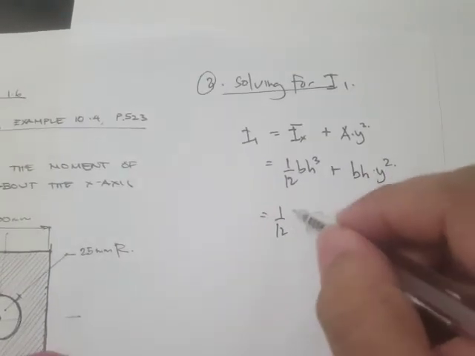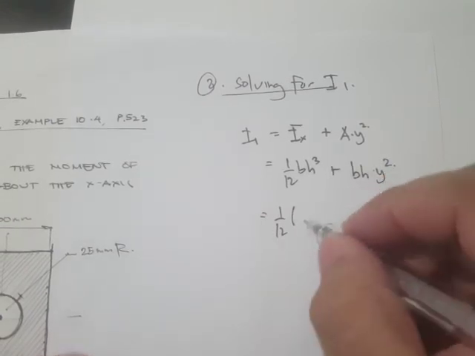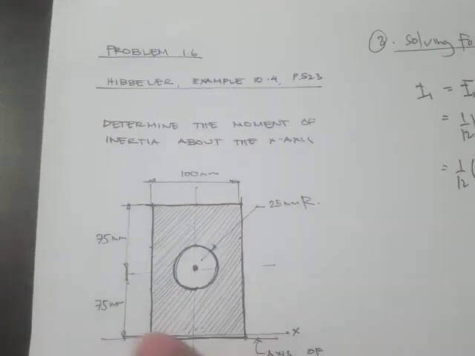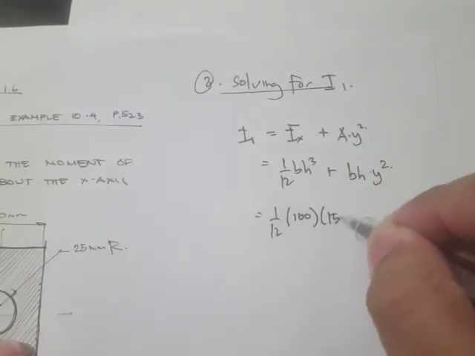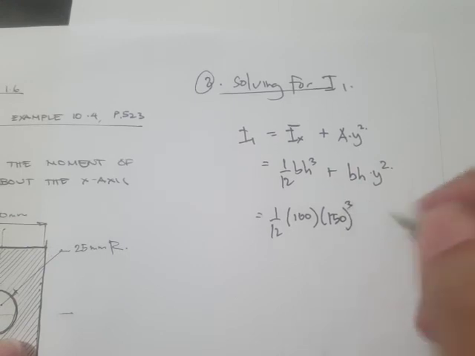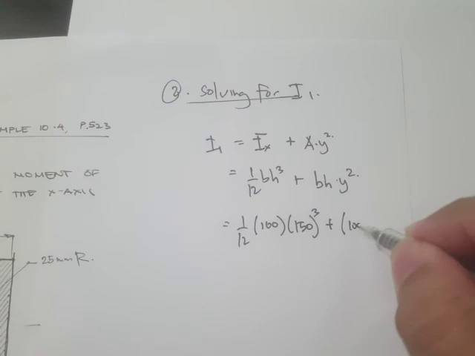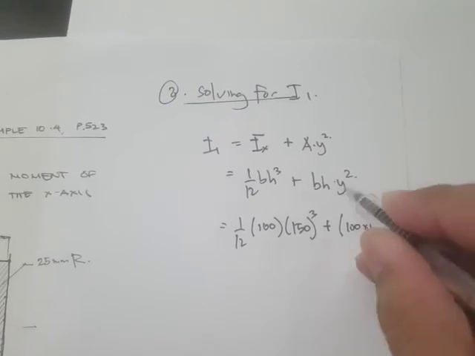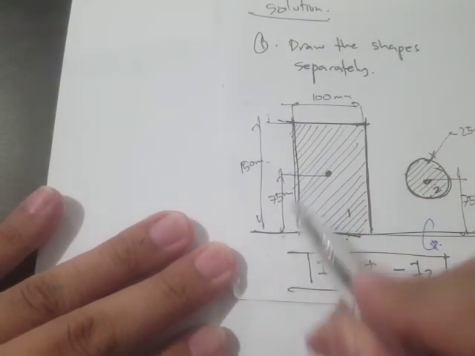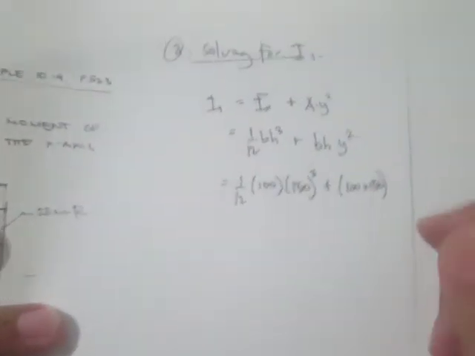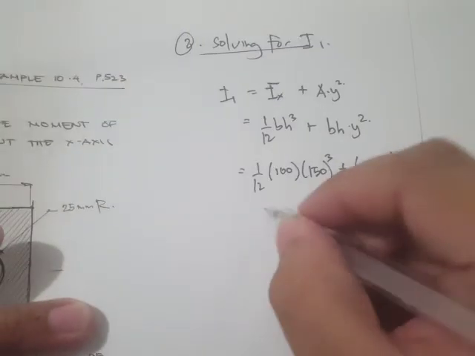We have 1 over 12 times our base, which is 100, times our height, 150 mm cubed, plus b times h, which is 100 times 150, times the y distance, from the axis of rotation to the centroid, 75 squared.